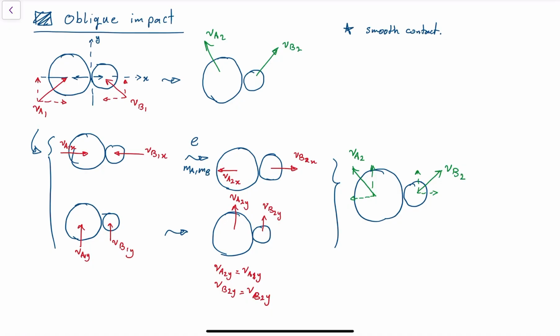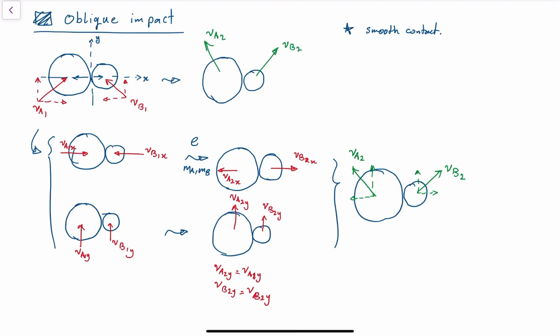So separate your problem into two: one along the line of impact, where you're dealing with a central impact problem, calculate the final conditions using the coefficient of restitution, and in the other dimension, along the plane of contact, nothing happened, so velocities remain the same. Once you have the components of the velocities post-impact, you can reconstruct your total velocity vectors.